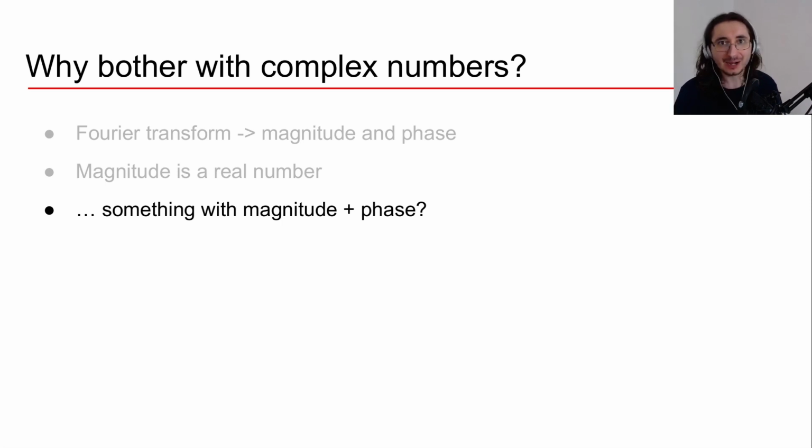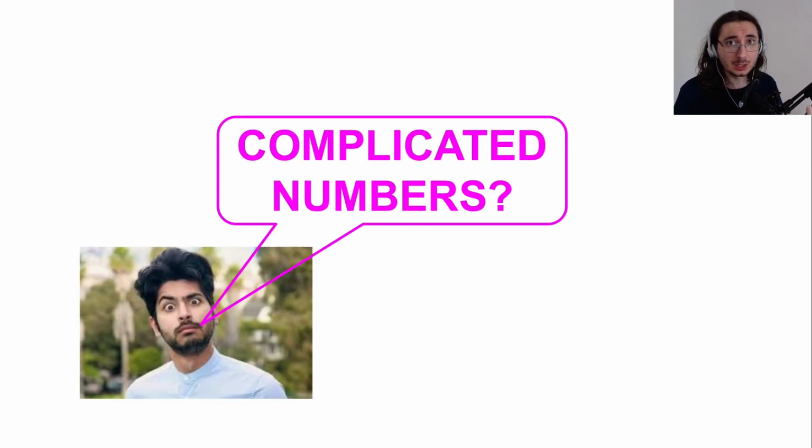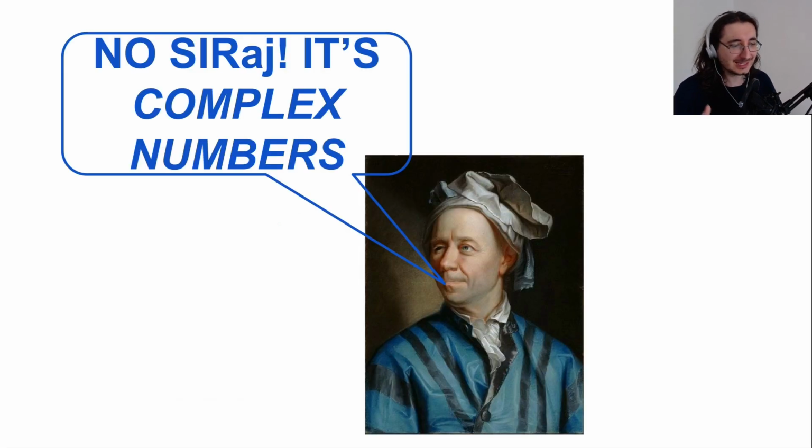Well, it turns out that math can provide us with that, and it's complicated. It's not really complicated numbers. Well, the topic in itself could be complicated, but it's not complicated numbers. It's actually complex numbers. And as I said, this topic can be a little bit complicated, but I'll try to make it as easy and accessible as possible for you in today's video.